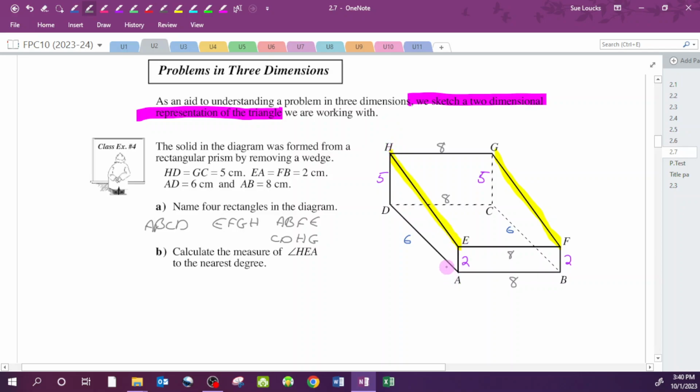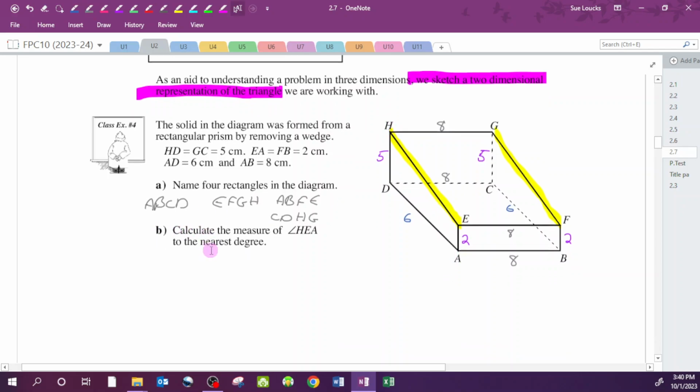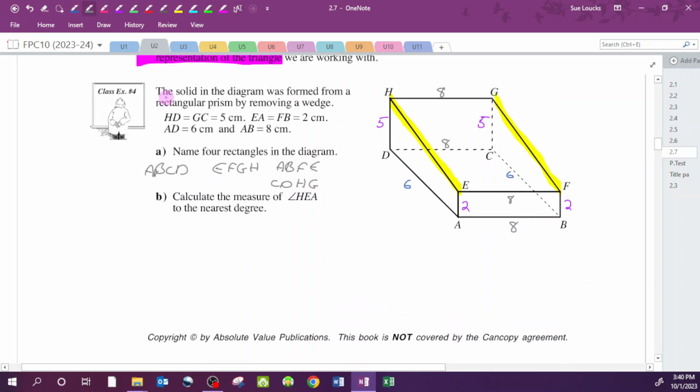Then calculate the measure of angle HEA. So that's HEA. I'm going to draw the side profile of our wedge, from this side here. It's higher at the back, and then it comes down. Let's put the letters on it so we know where this came from.